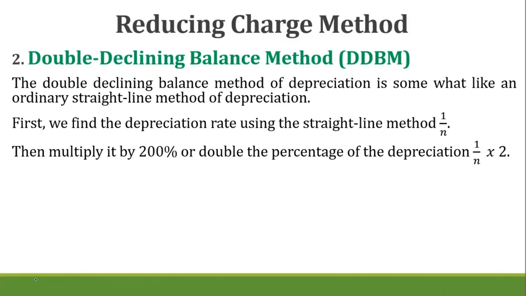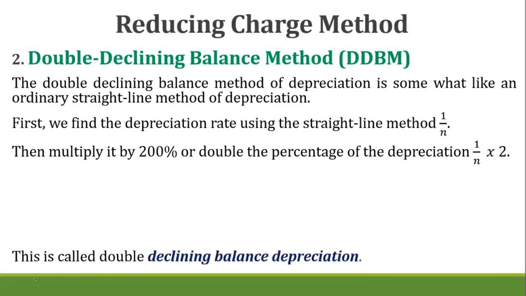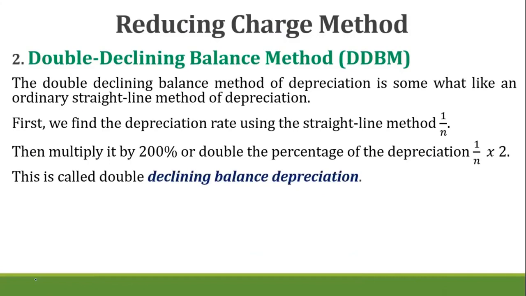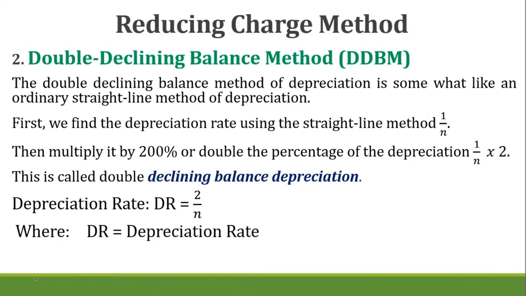Okay, because 200%. So this is what we call the double declining balance depreciation. So, the depreciation rate is equal to 2 over n, where DR is the depreciation rate and n is the estimated useful life of your asset.